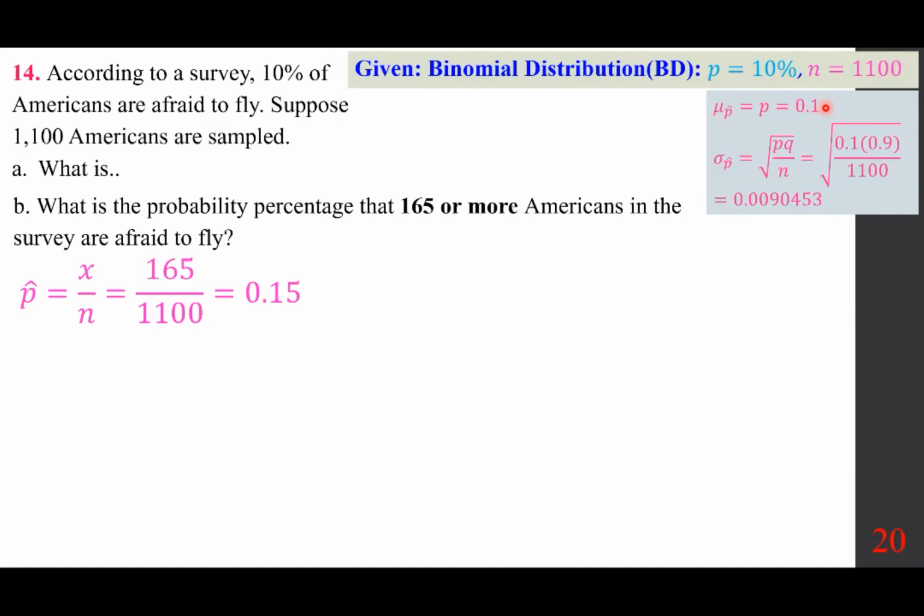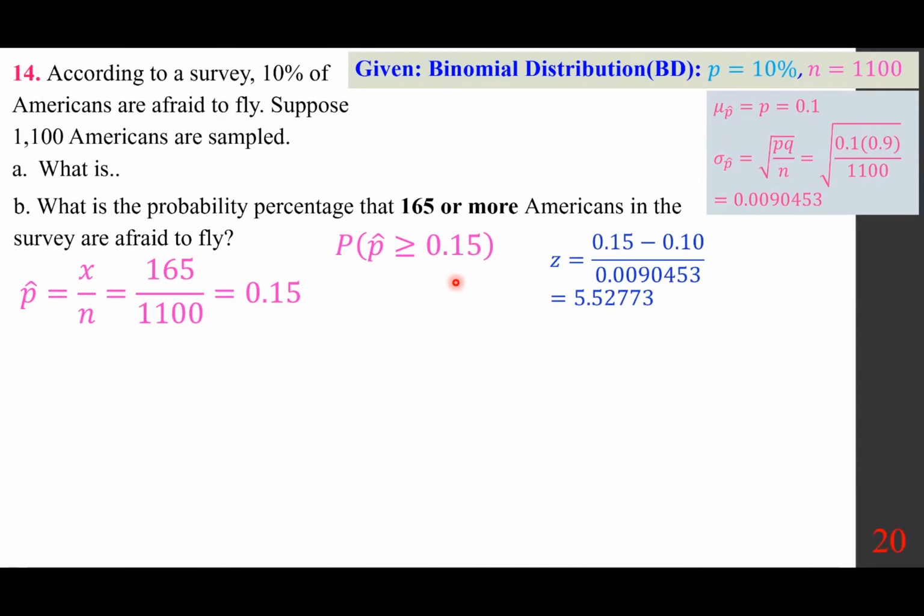Mu of P hat or P is 0.1. Sigma of P hat has been calculated from the previous page. And so we want the probability of P hat larger than or equal to 0.15. We can calculate the z-score using 0.15 minus 0.1 over the standard deviation here.